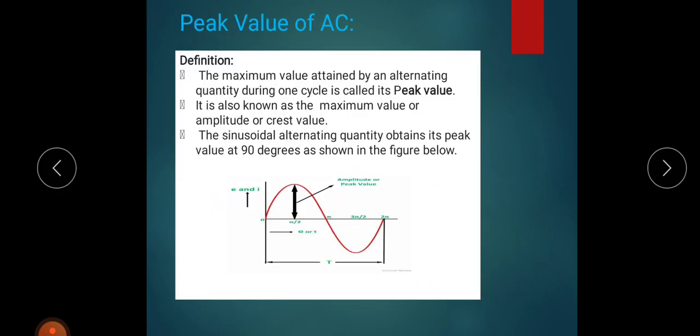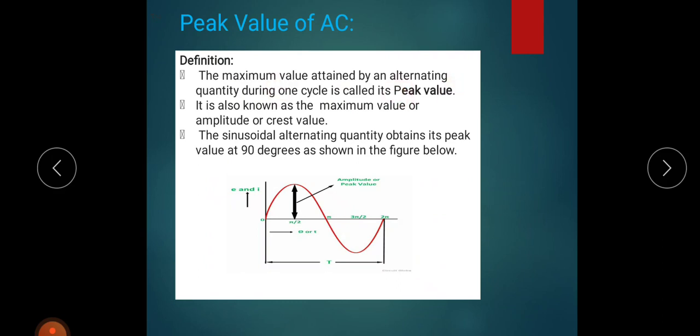Next, what do we mean by the peak value of the alternating current? Just go through the definition. The maximum value attained by the alternating quantity during one cycle is called its peak value.